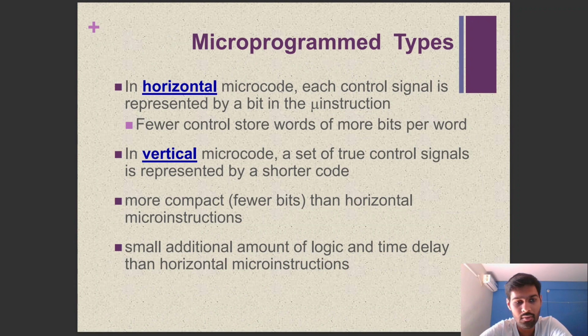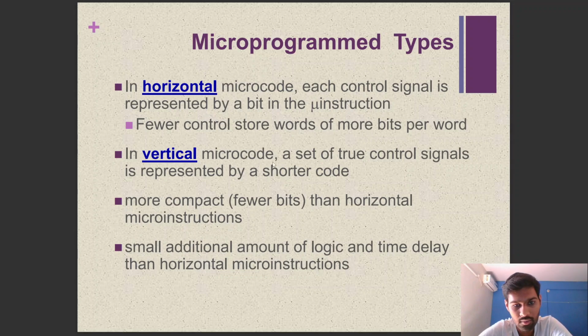In microprogram control, we have horizontal and vertical microcode. In horizontal microcode, each control signal is represented by a bit in the microinstruction. There are fewer control store words, of more bits per word.